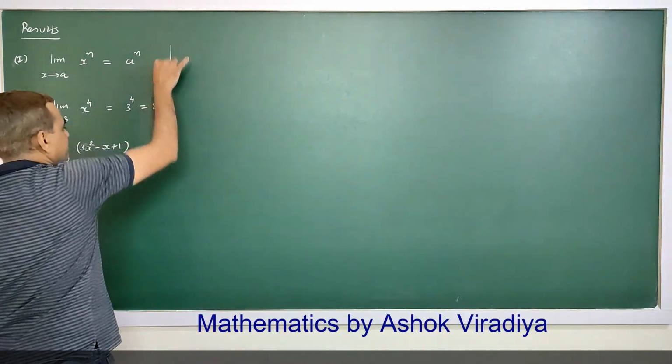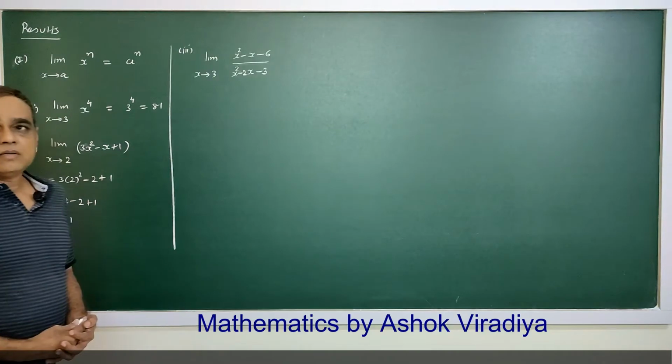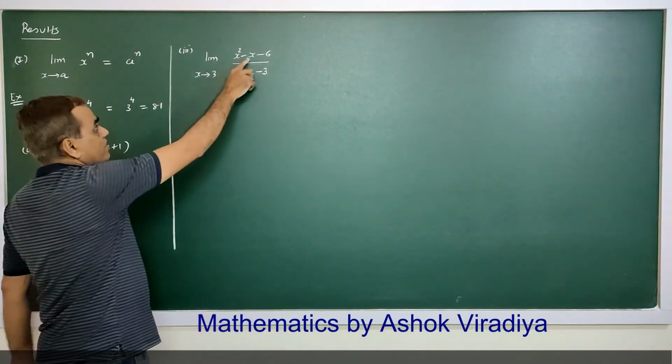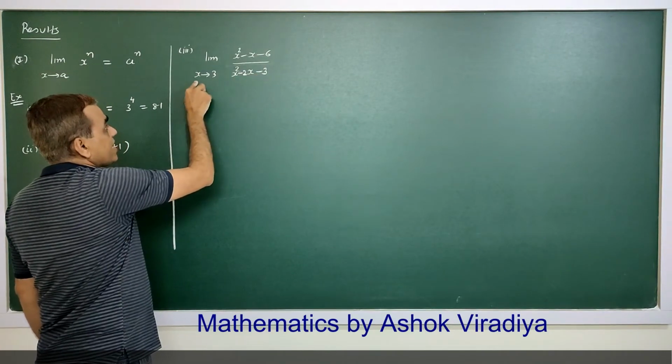Suppose limit of x square minus x minus 6 upon x square minus 2x minus 3, x tends to 3.